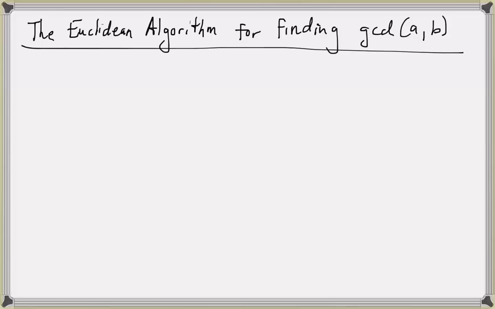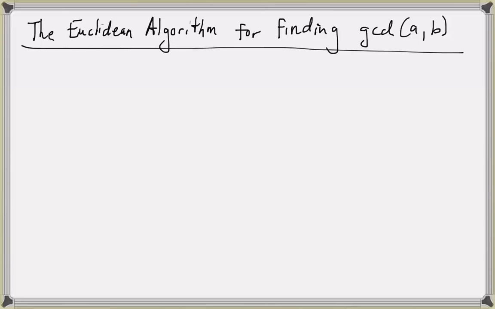Before I formally define the Euclidean algorithm, which is named after the famous Greek mathematician Euclid, I'm going to show you an example of how you find the greatest common divisor using the Euclidean algorithm, which is really repeated usage of the division algorithm.